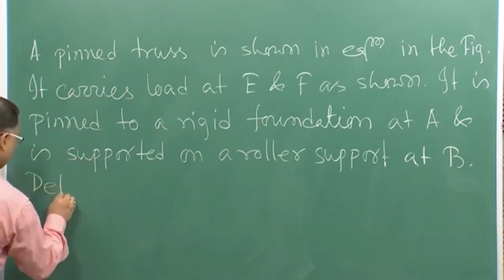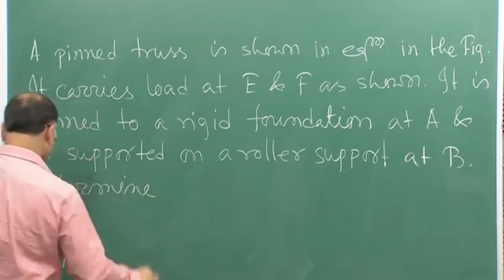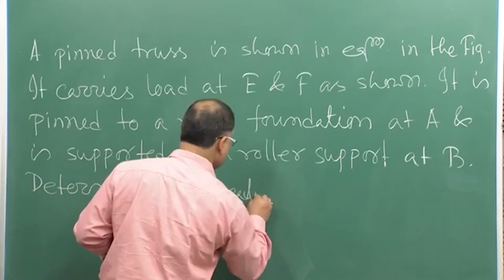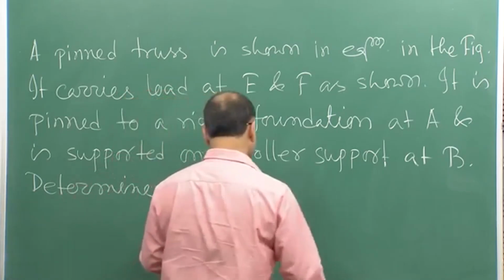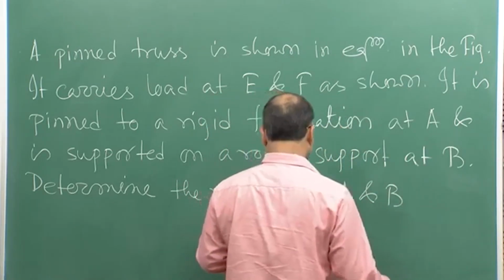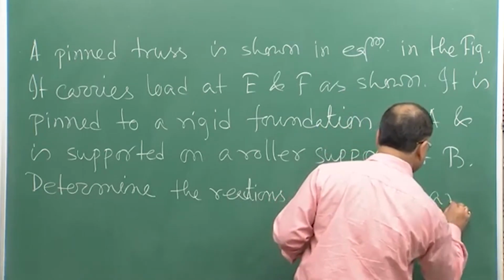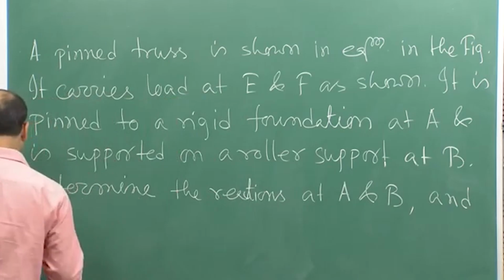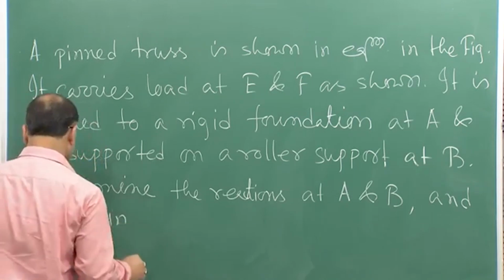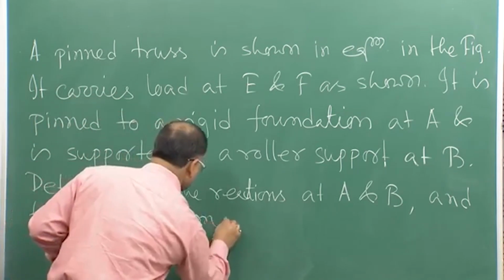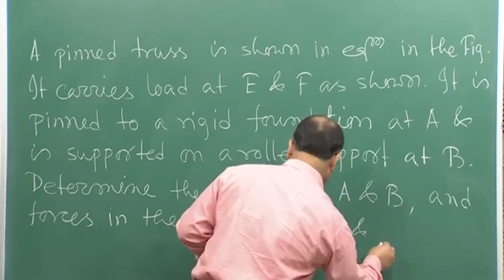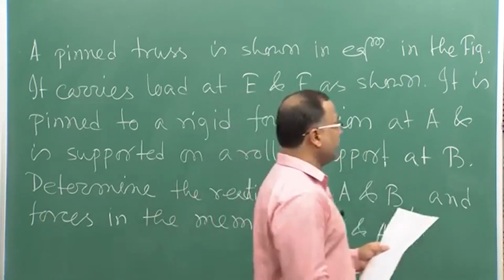Now, determine the reactions at A and B and the forces in the members AC and AD. Okay. So, let me draw the truss.